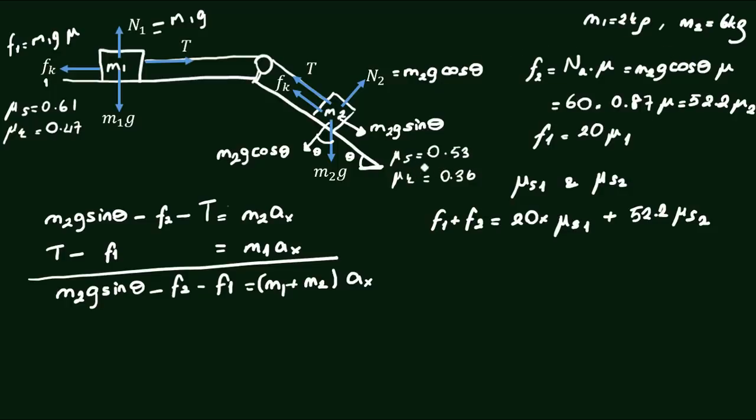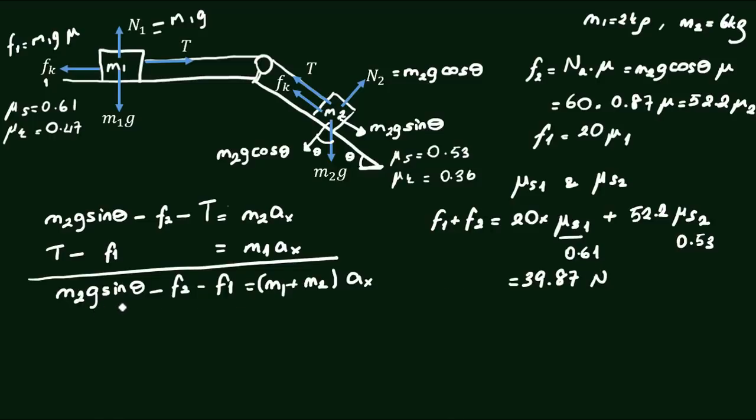Where are my numbers here? Mu S2 is 0.53, and the one here is 0.61. So let's calculate, giving us a number of 39.87 newtons.